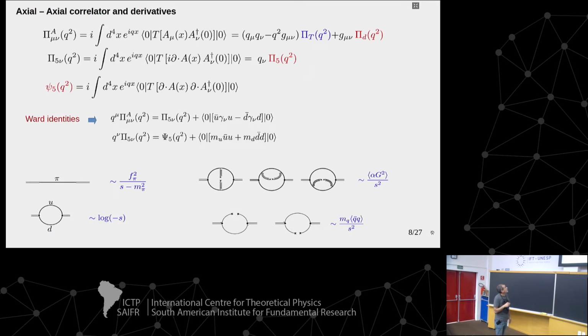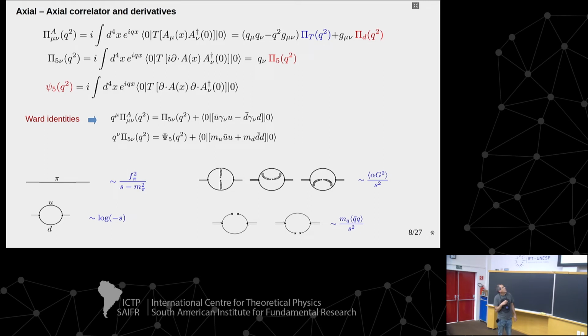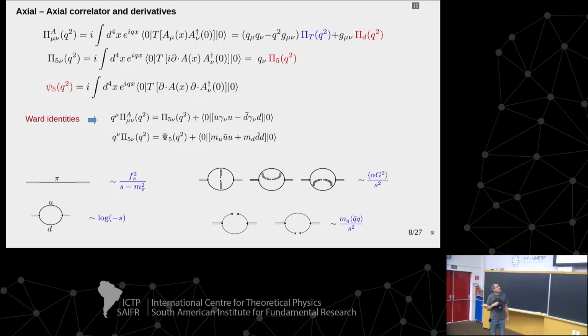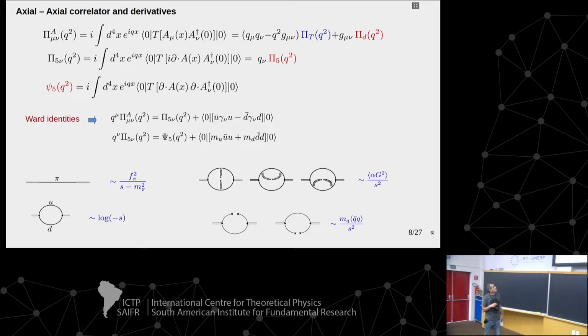Okay, for example, this is an axial correlator. On one side you have QCD, and usually we calculate the channel which includes the charged pions. So it's axial, and the pions enter here as an axial current. And if you want to get better results, we include the A1 meson and so on.